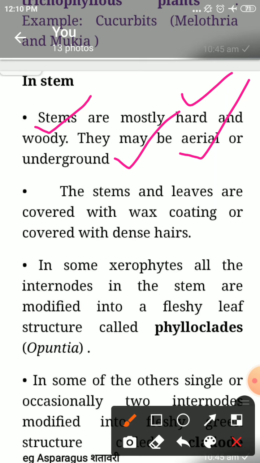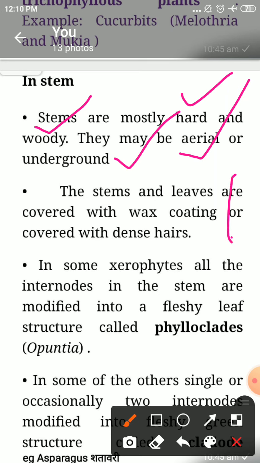So this is a protective wax coating developed on these xerophytic plant stems and leaves.